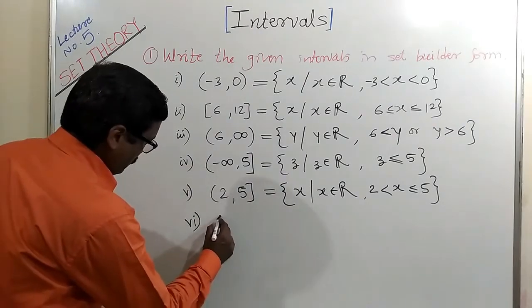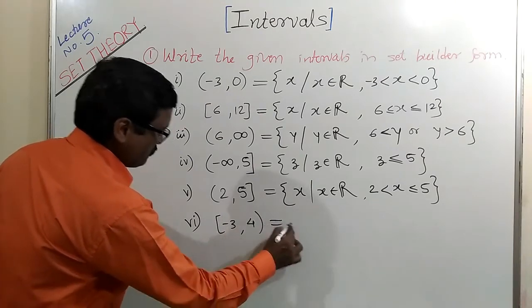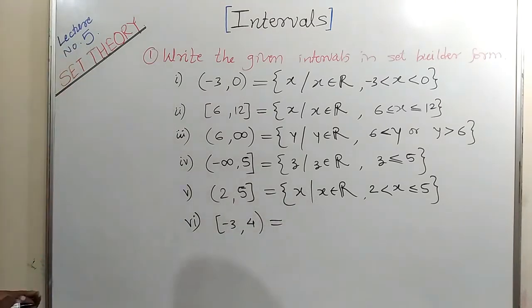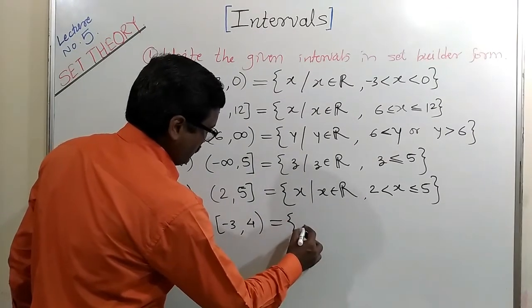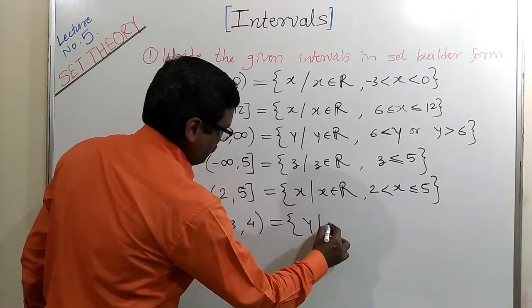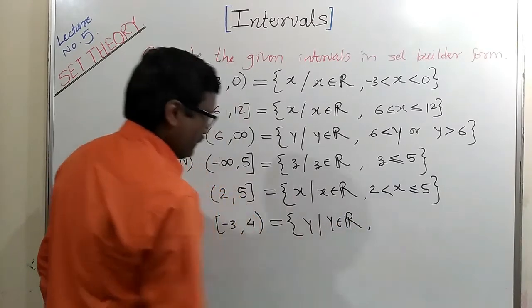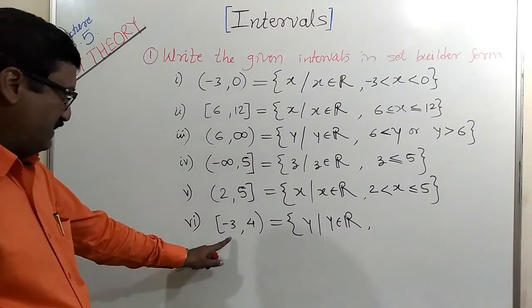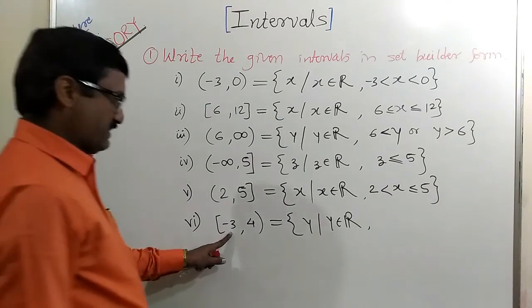Close minus 3 to open 4. Here let us suppose once again this as y. y is an element from the set of all real numbers, such that this close minus 3 means the value of y can be equal to minus 3.